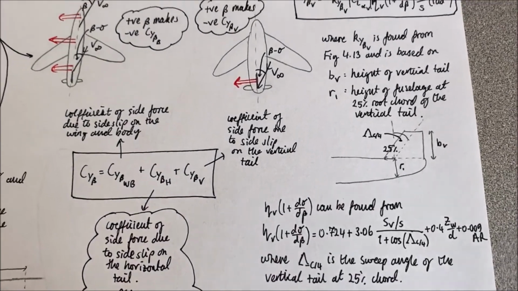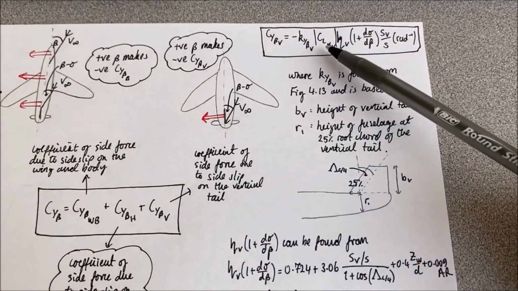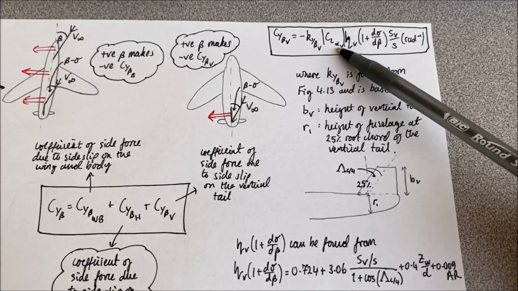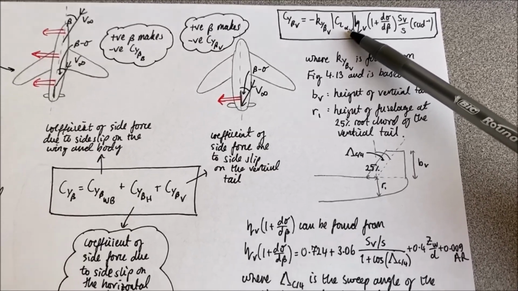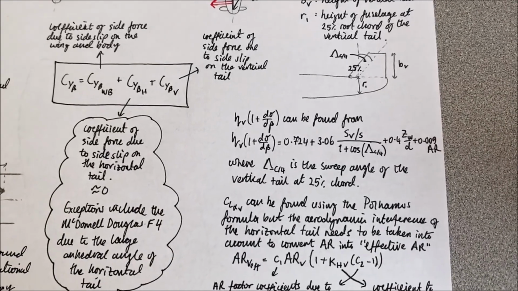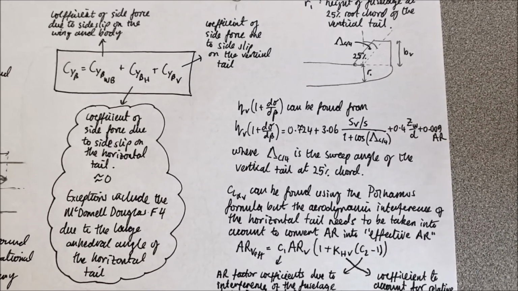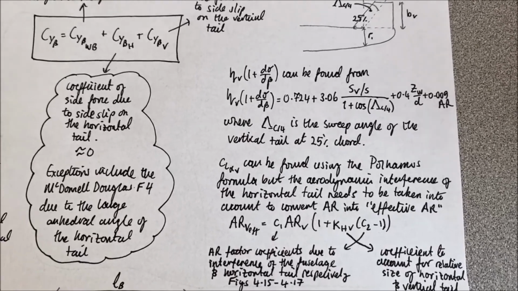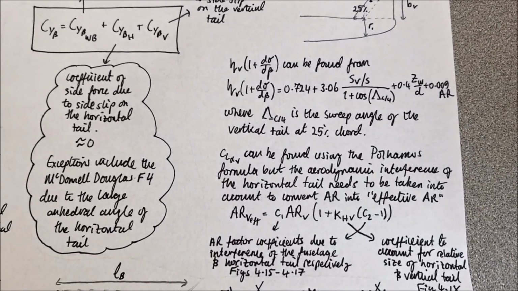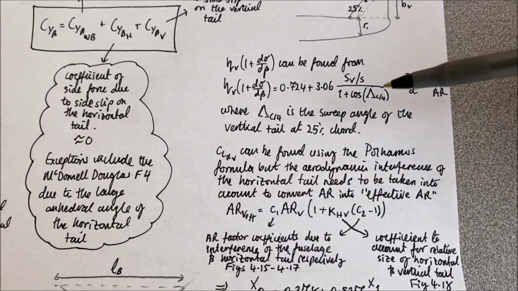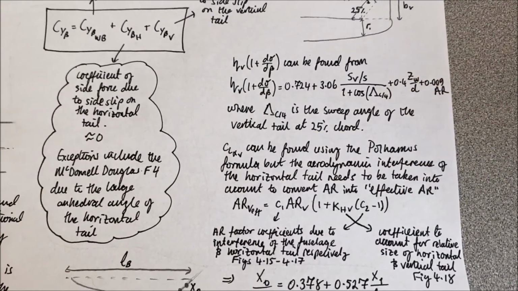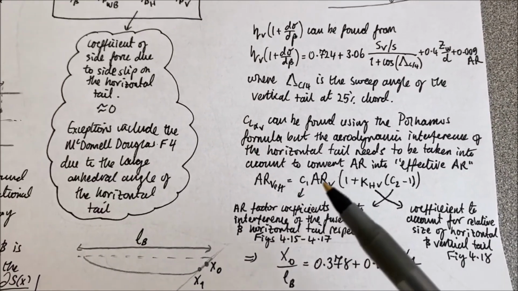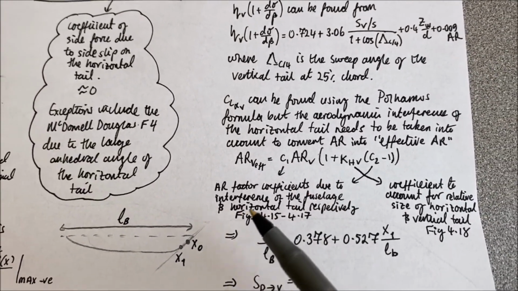So then finally, we discussed this a little bit earlier on, but this lift curve slope for the vertical tail can be found using the Polhamus formula, but we need to consider the aerodynamic interference of the horizontal tail onto the vertical tail by converting our aspect ratio into what's called an effective aspect ratio using this formula, where again we've introduced even more terminology.